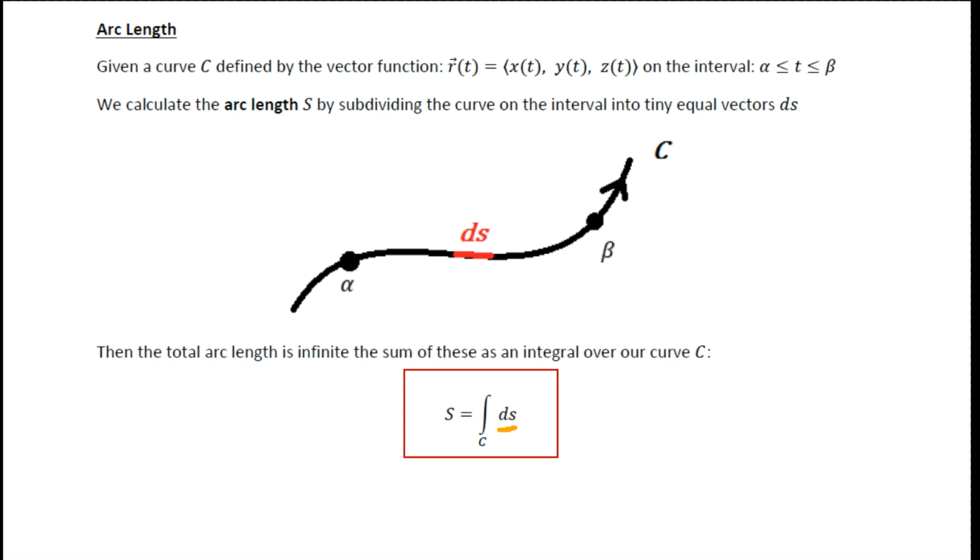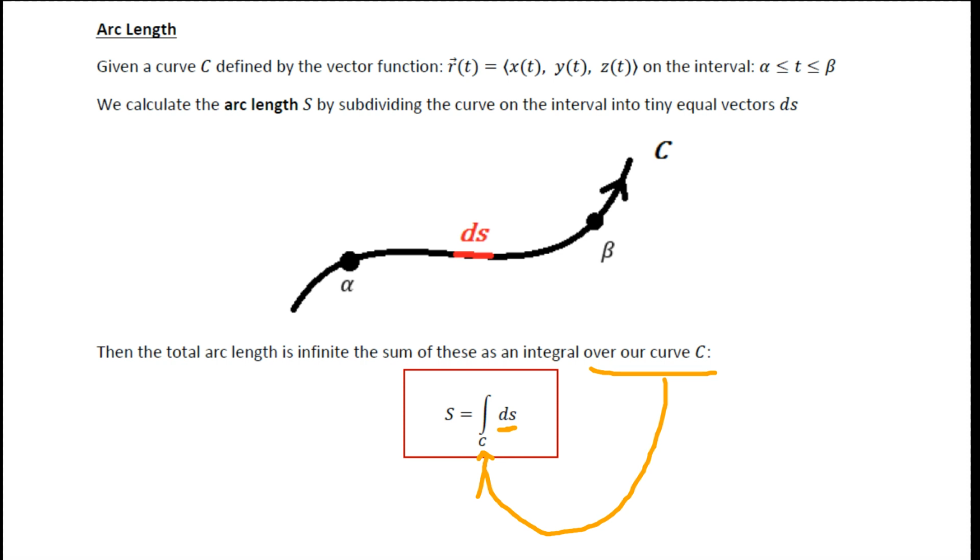Now, notice that in this notation, we're integrating over the curve C. And when we say over the curve C, a lot of times we use this nice new notation where instead of the bounds of integration, we'll just say C. It lets us write things much neater and more compact and not have to worry about superscripts and subscripts and all kinds of tiny little things.